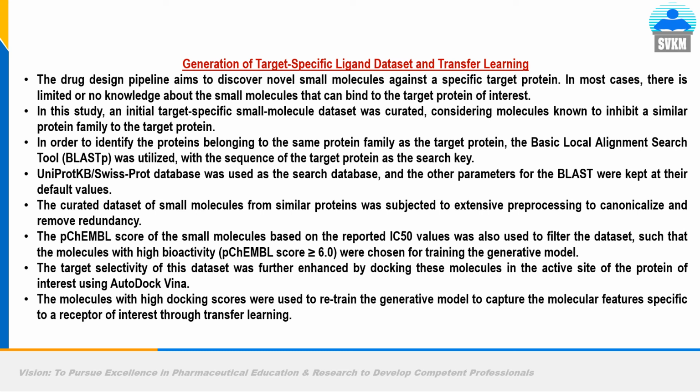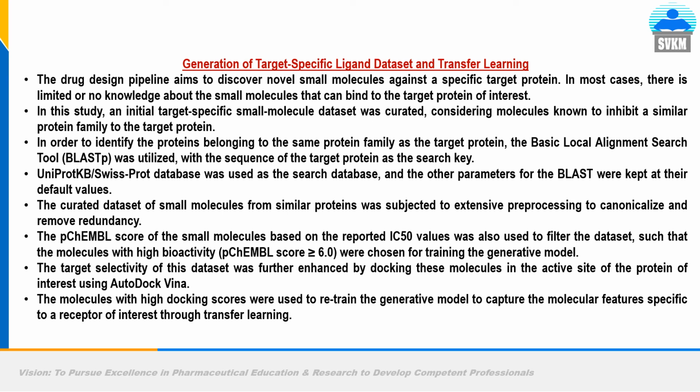So next is generation of a target specific ligand dataset and transfer learning. The drug design pipeline aims to discover novel small molecules against a specific target protein. In most cases, there is limited or no knowledge about the small molecules that can bind to the target protein of interest. So you know the target protein, but you don't know what type of ligands or small molecules are fit to drug the receptor.